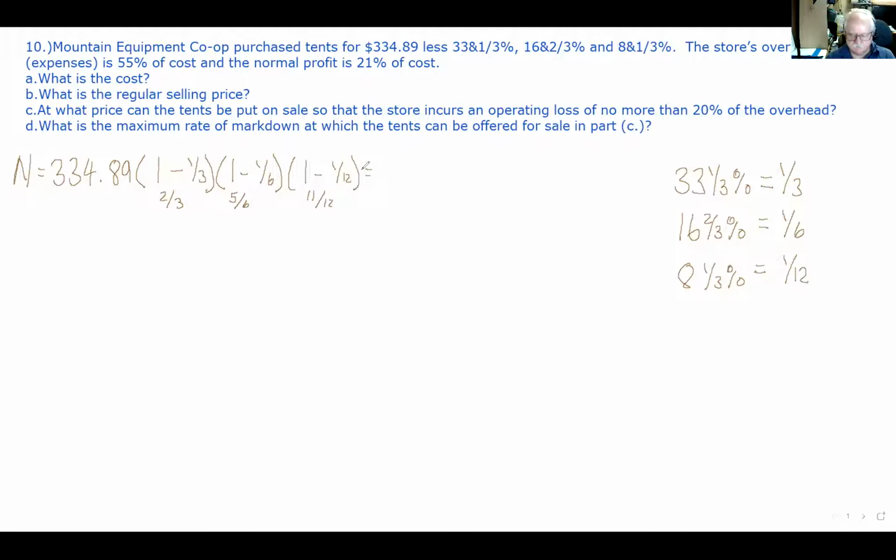And now I definitely need a calculator. So I'm going to go 2 divided by 3 equals times 5 divided by 6 equals times 11 divided by 12 equals, and then times 334.89. And what are we going to get?